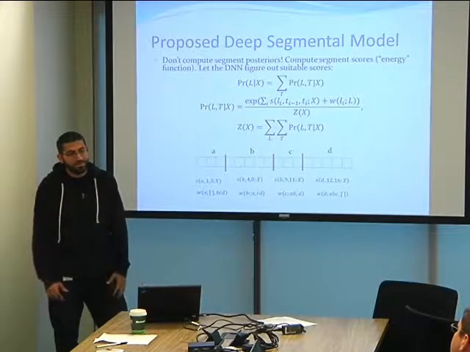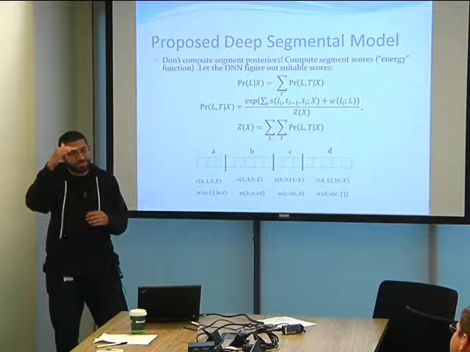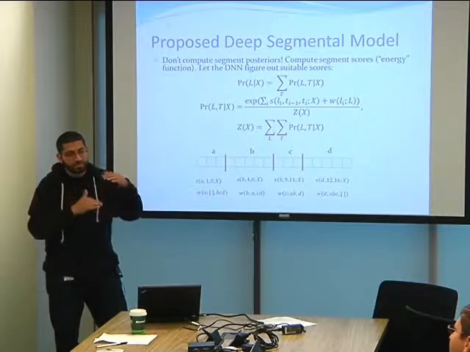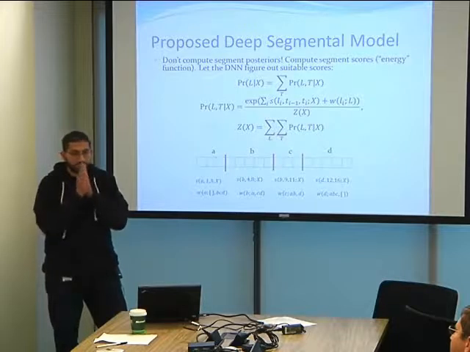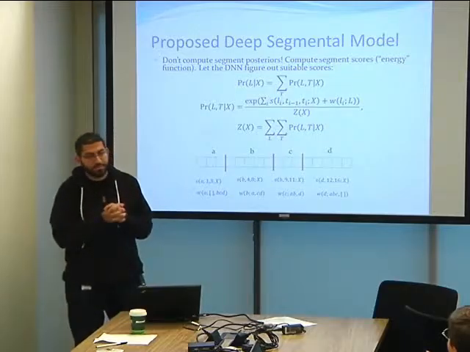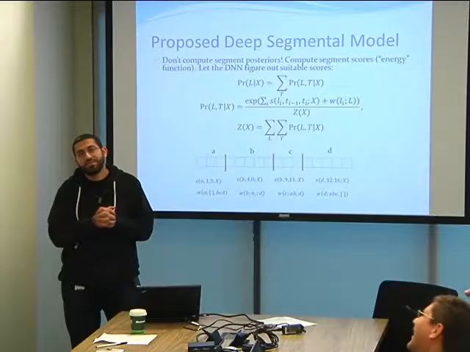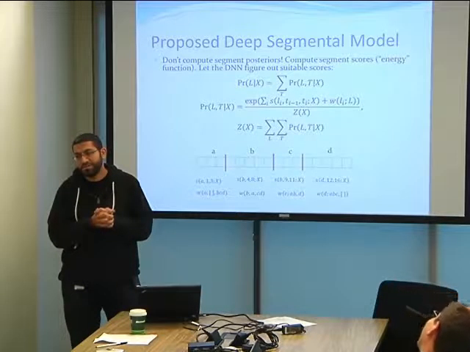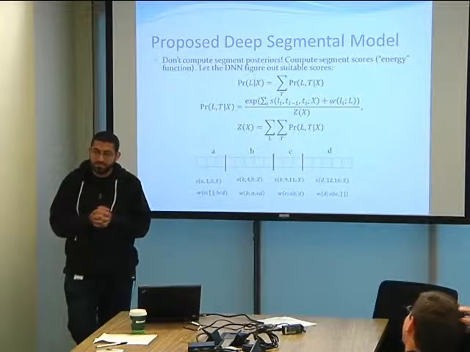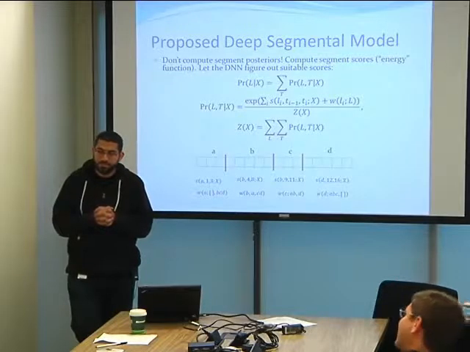So you are weighting not the last label layer, but the layer before the last one. This is a CRF. And since it's operating at the segment level, it's a segmental CRF. So this is the segmental model that incorporates the neural network output to determine what kind of segment it is.